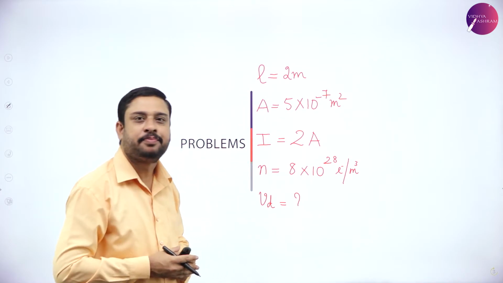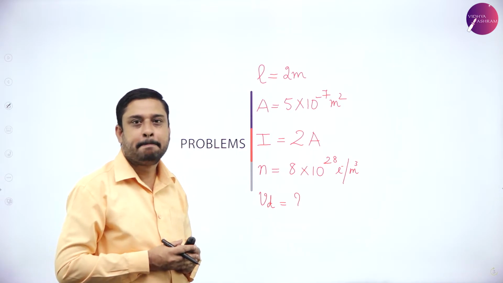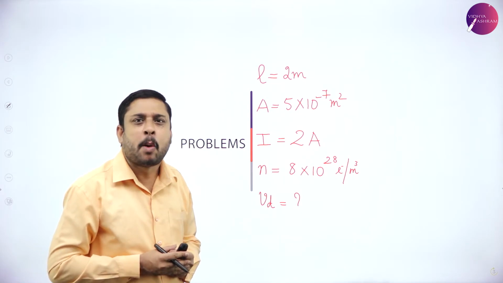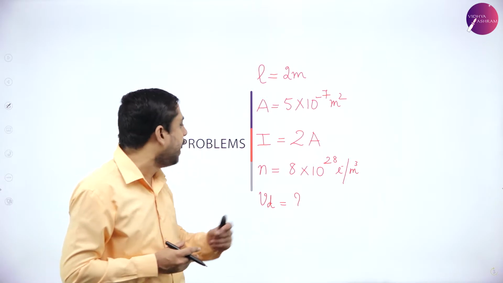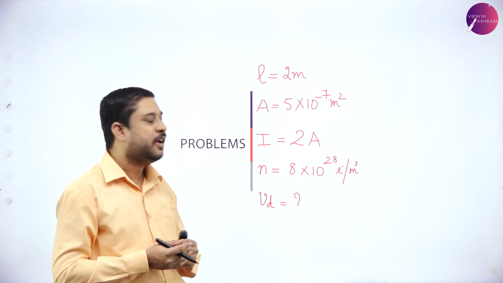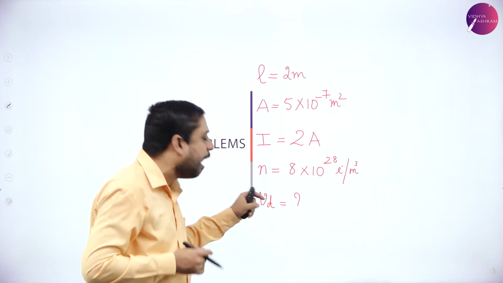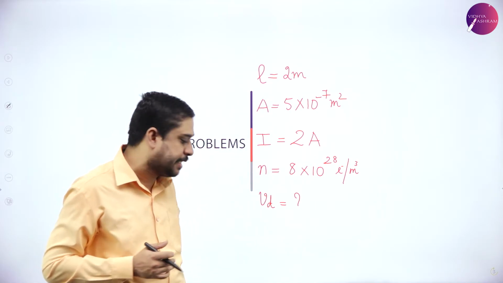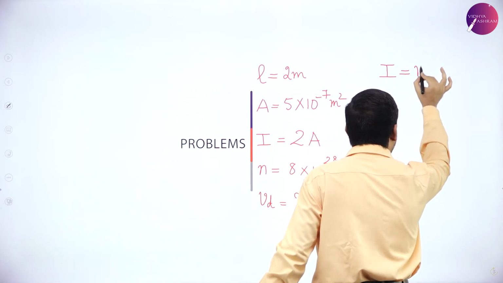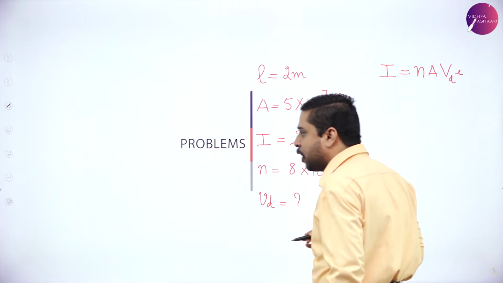Using this data, can I recall an expression, a formula, a topic from where I can calculate my drift velocity? Yes, students, very good. We know the relationship between electric current and drift velocity, where we write I is equal to N A Vd into e.